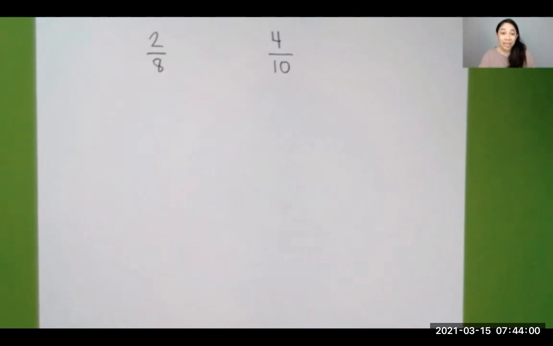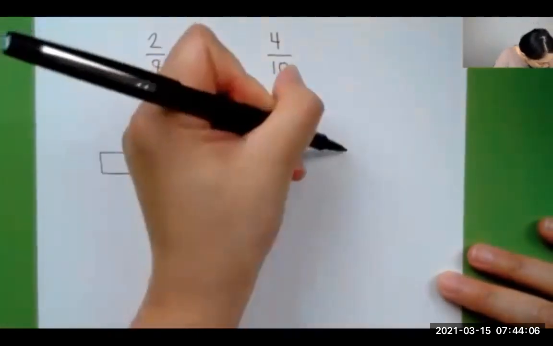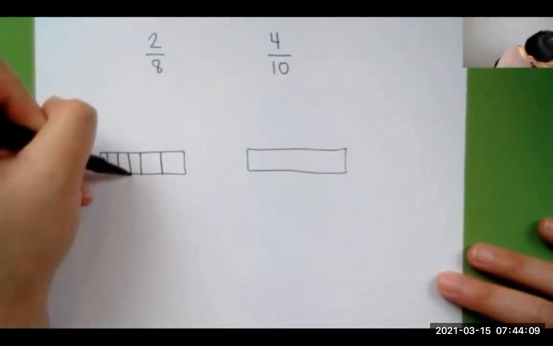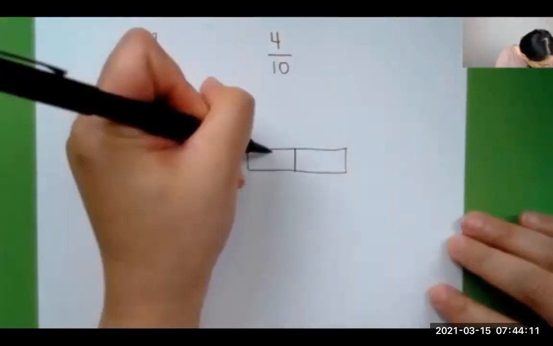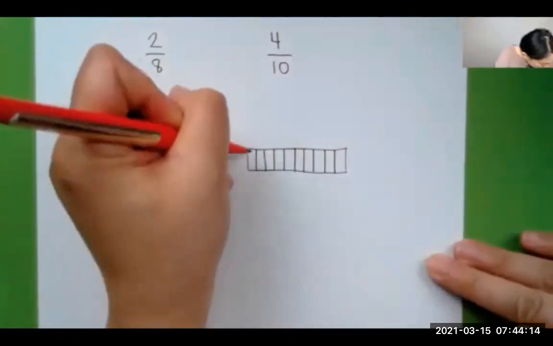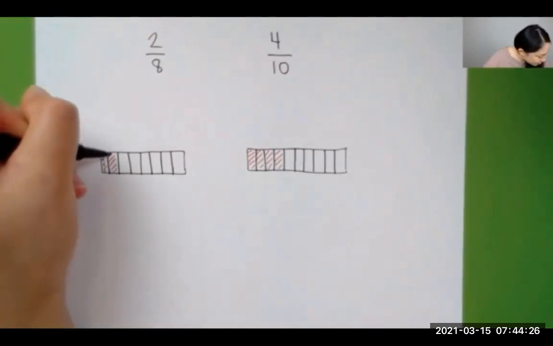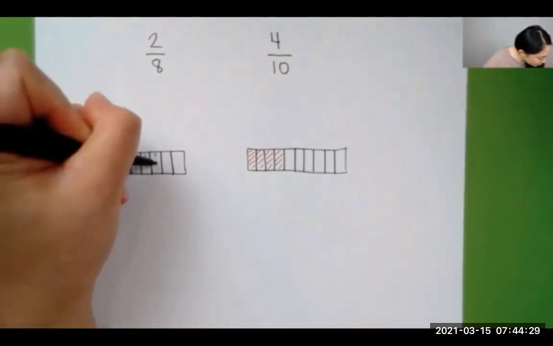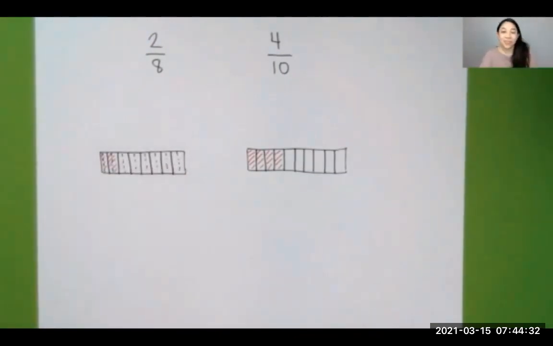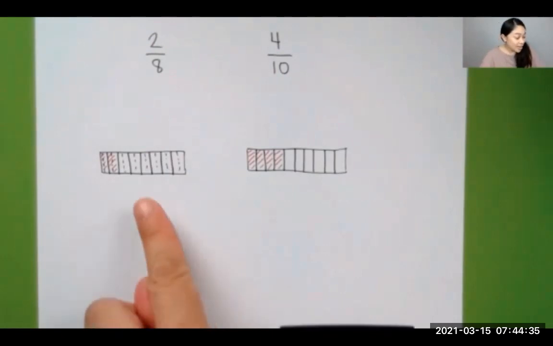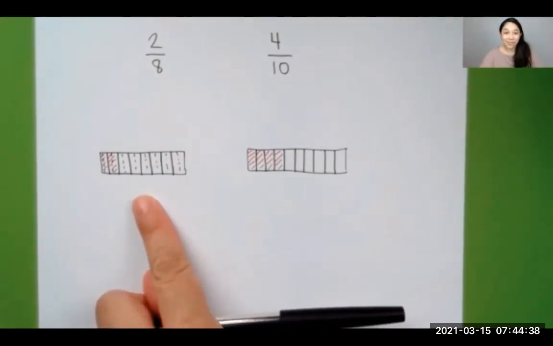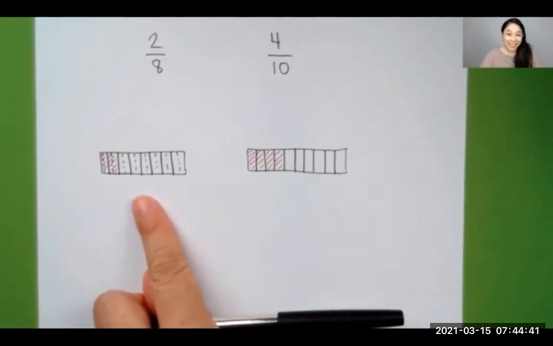We'll start by drawing a tape diagram to represent each fraction. Let's now go ahead and partition the 8ths in half. When we do this, what fraction is now being shown? 4/16.